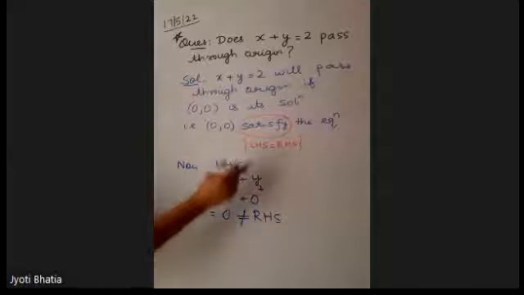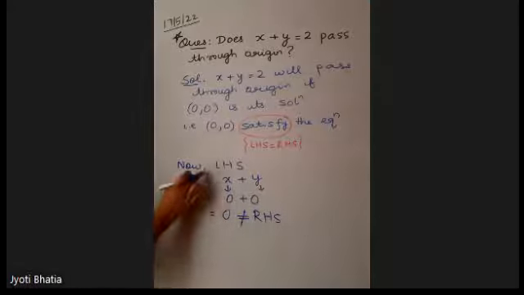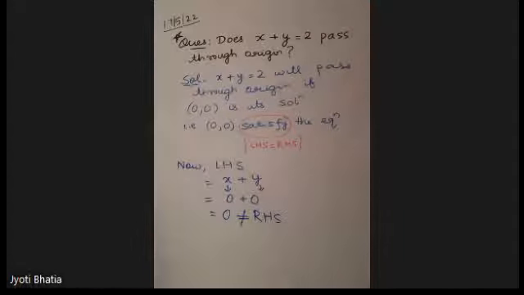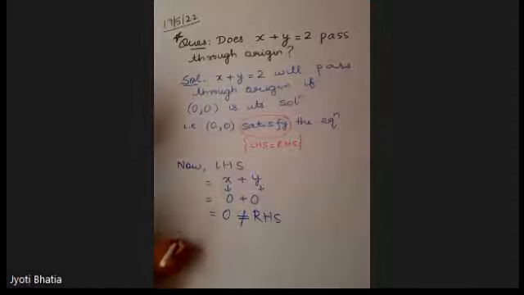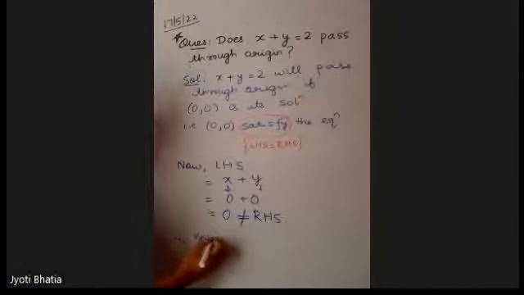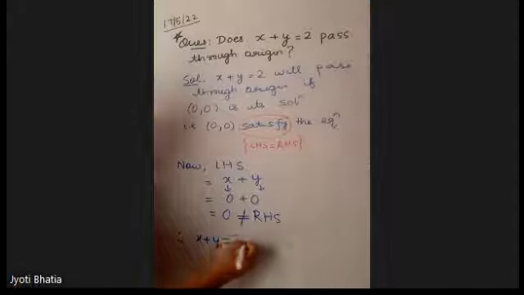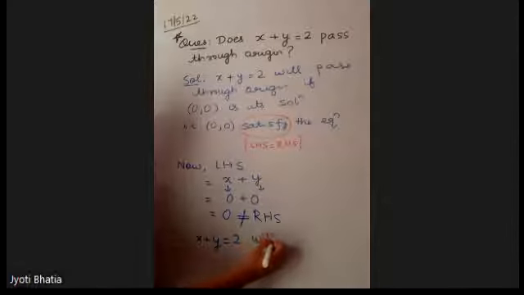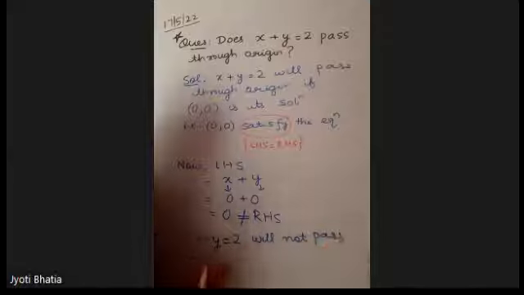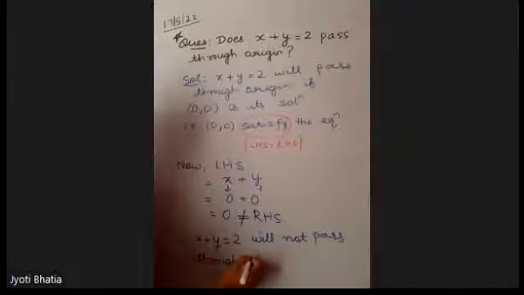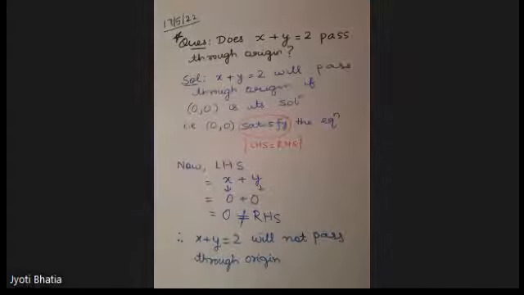Just cut the equal sign. Is not equal to RHS. So is it passing through origin? No, ma'am. Therefore, x plus y equal to 2 will not pass through origin. Okay?